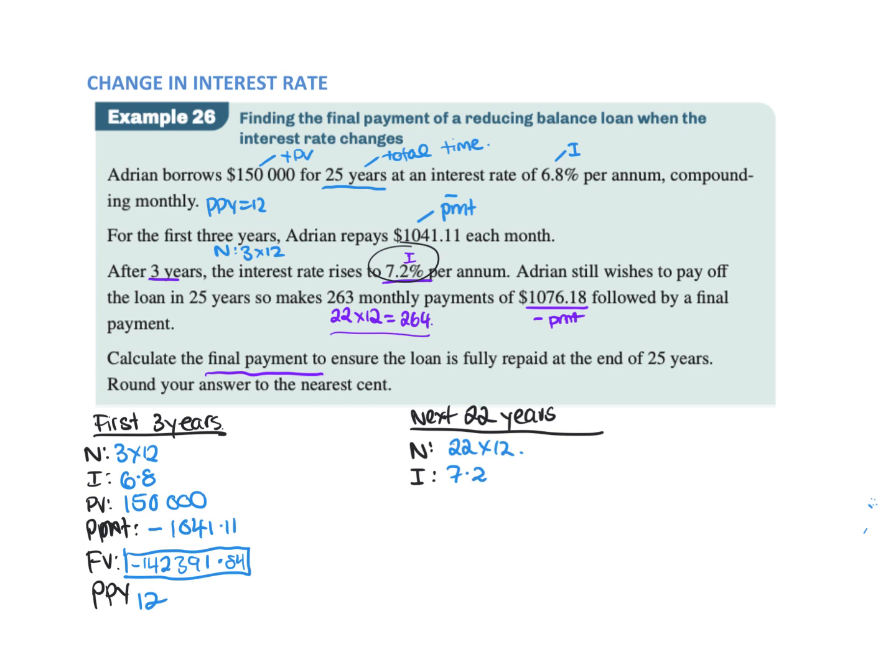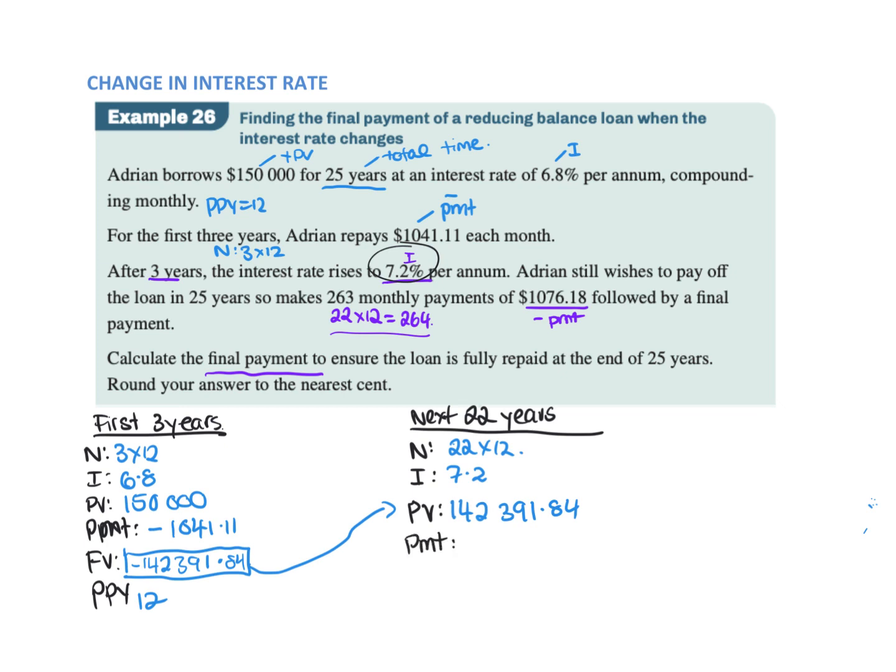And now the PV, it's like we're starting again, but we're pretending we're loaning what he owes. So this negative FV is going to become positive again, a positive 142,391.84. And then we're going to write payment.